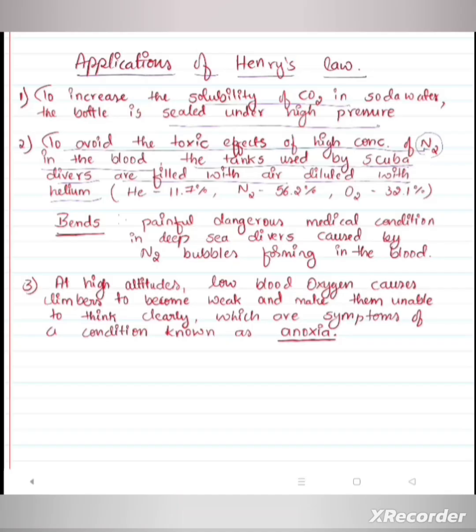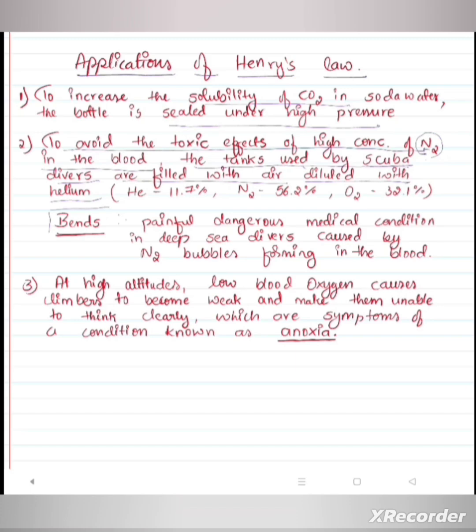After they come up, the pressure will be very low. When pressure is low, the nitrogen gas already dissolved in the blood will come out of the blood. So nitrogen gas will be there in the blood.